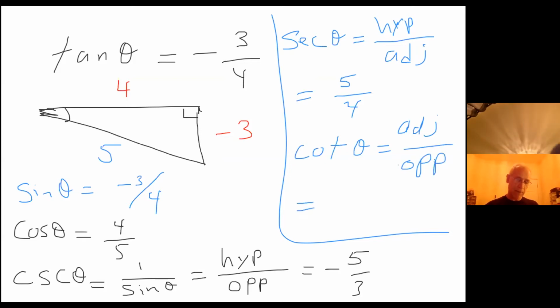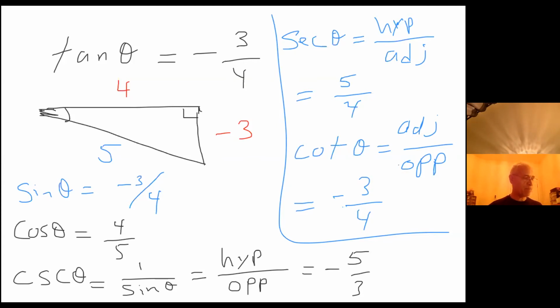And that gives me -4/3 for cotangent of theta. Let's do one more.